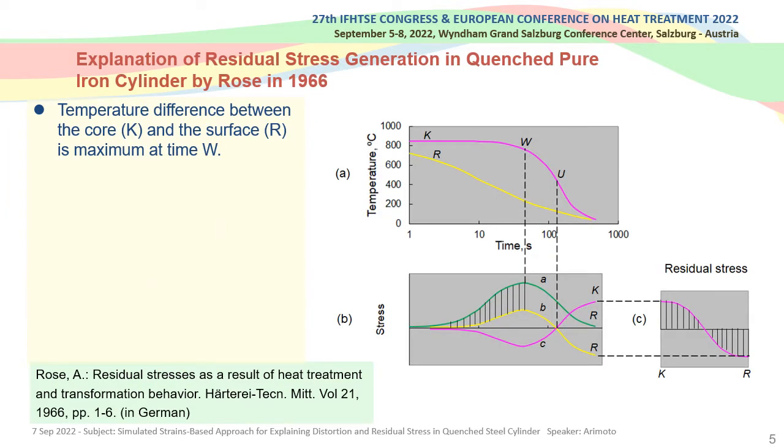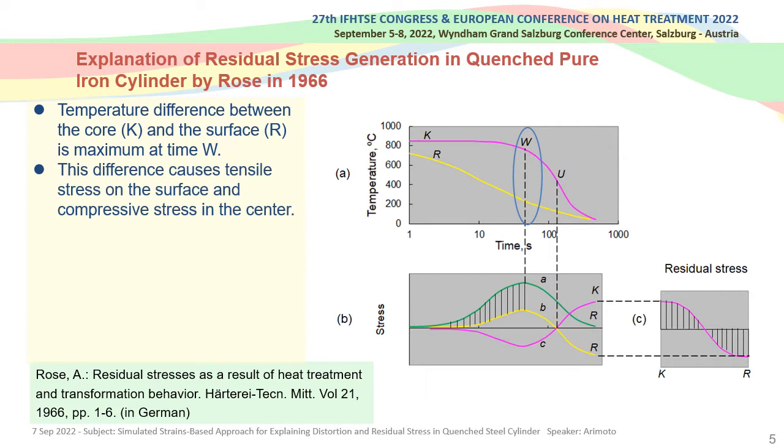Rose explained the residual stress generation in quenched pure iron cylinders. The temperature difference between the core and the surface is maximum at time W. This difference causes tensile stress on the surface and compressive stress in the core.